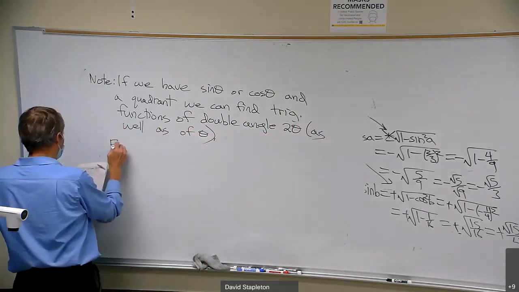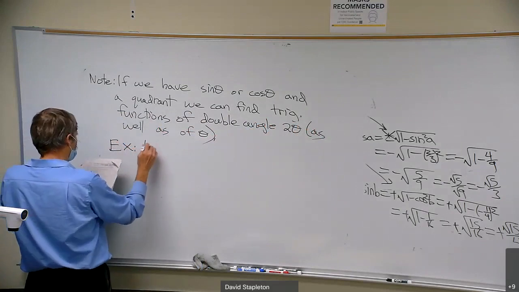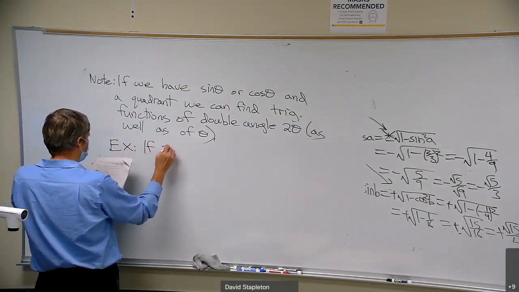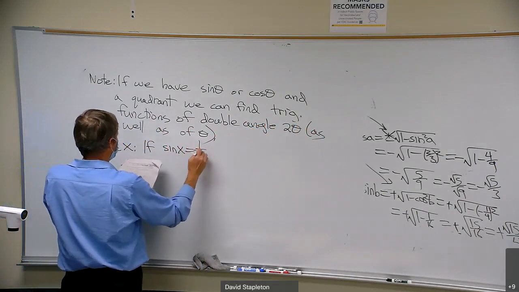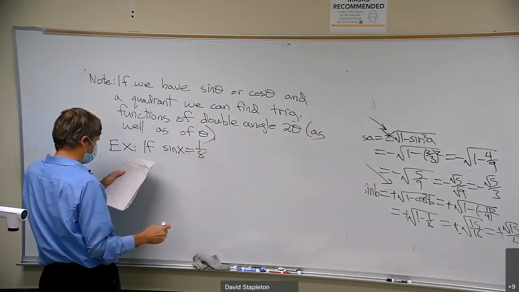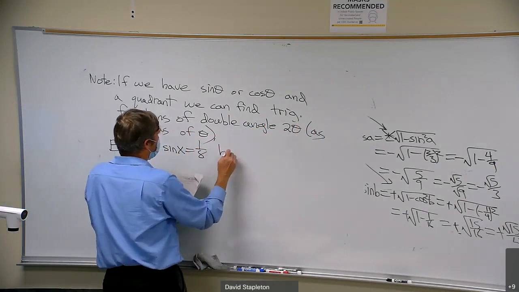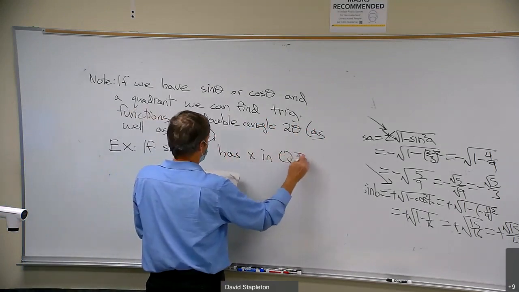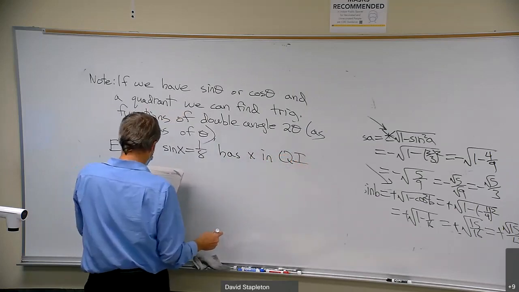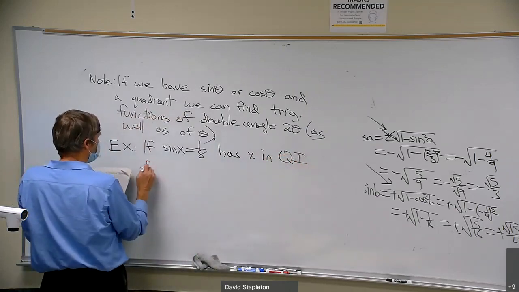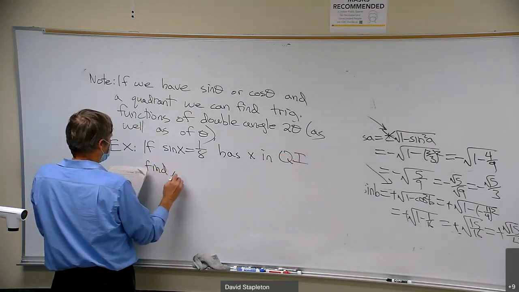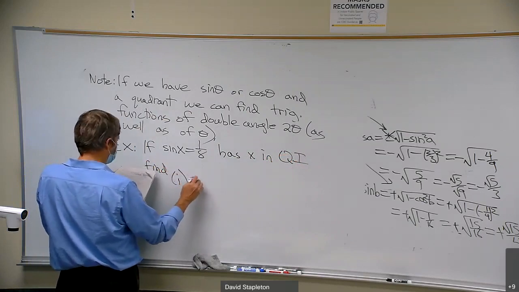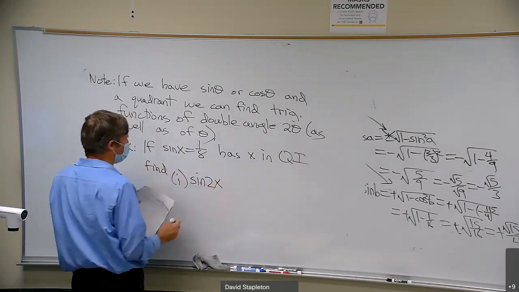So there's the example. Suppose sine x is 1/8, not coming from a special angle. I don't know what angle has that. Say x is in quadrant 1. Find the sine of 2x.